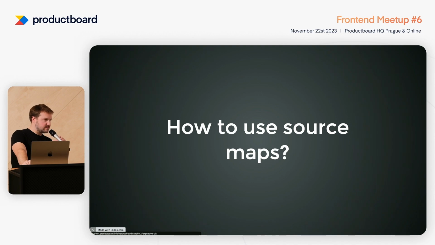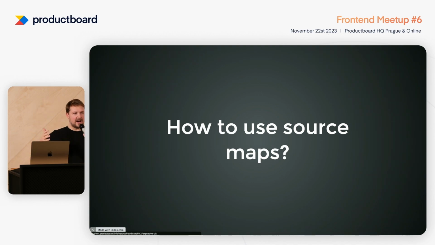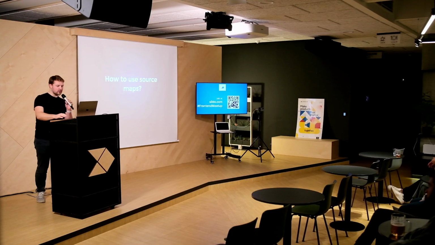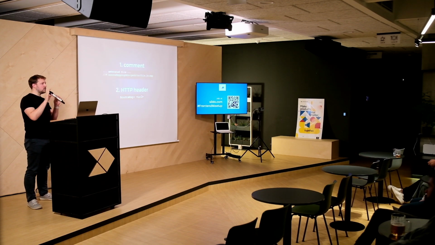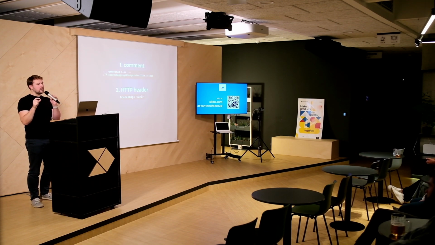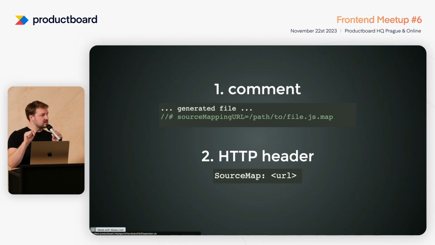All right, so now you might be interested in how to use source maps in your project. And you have two options. Either you add a specific comment, the sourceMappingURL, which points to the source map file, at the end of every file you generate during the build process, or you can use an HTTP header pointing to the same URL.